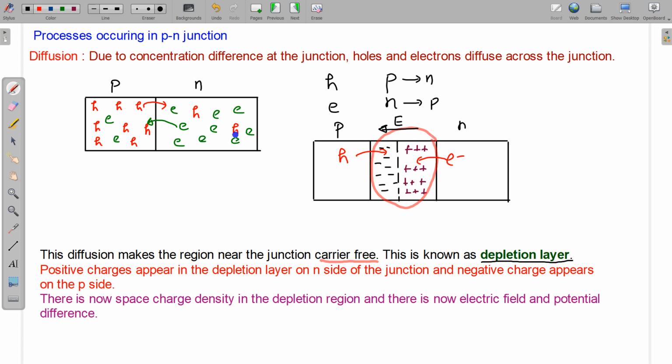Due to diffusion these things are happening. We will have a depletion region, which is charge carrier free, but now has some space charge density, and due to this space charge density we will have an electric field, and due to the electric field some potential difference in this region.